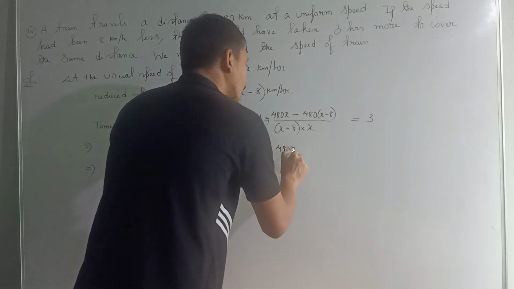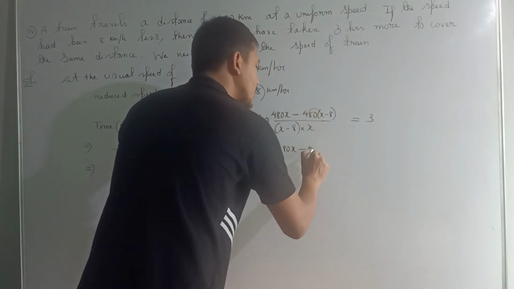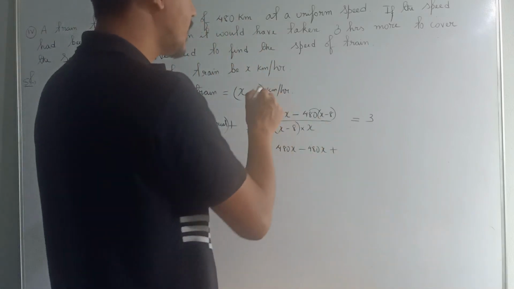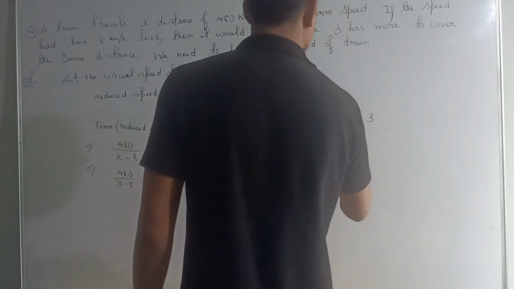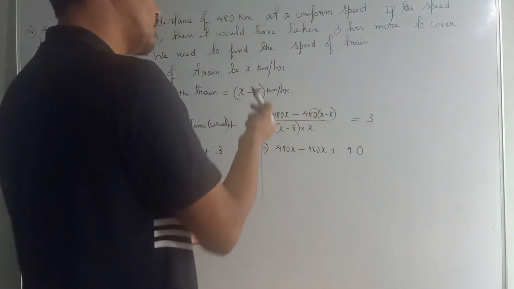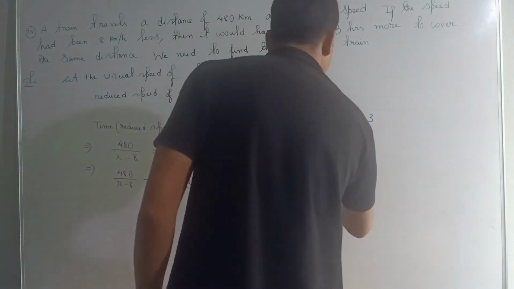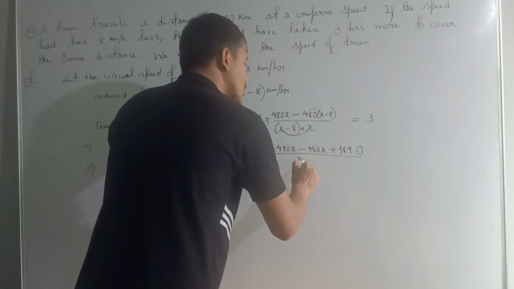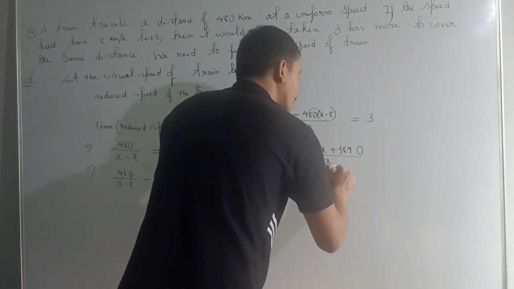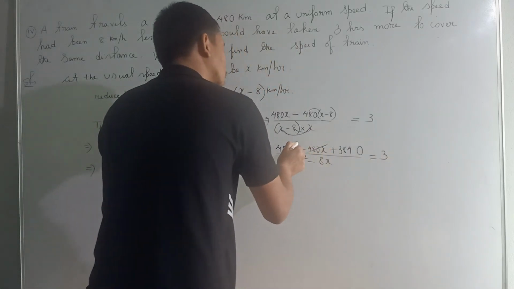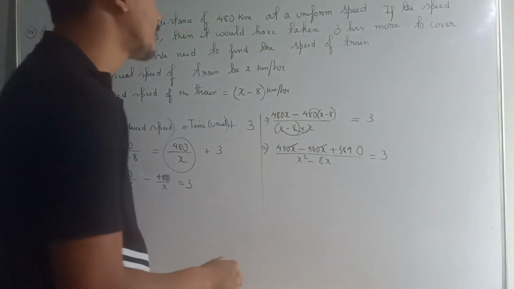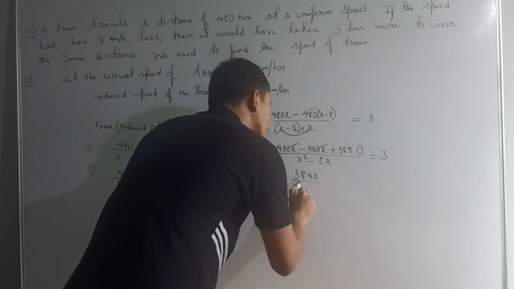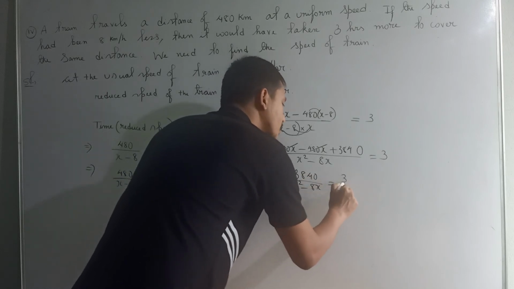So 480x minus 480 times x is 480x, minus minus plus 480 times 8. 8 zeros are 0, 8 8s are 64, 4 and 6 carry, 8 4s are 32 plus 6, 38. So 3840 upon x into x, that is x square minus 8x, is equal to 3. We can cancel out these two terms.